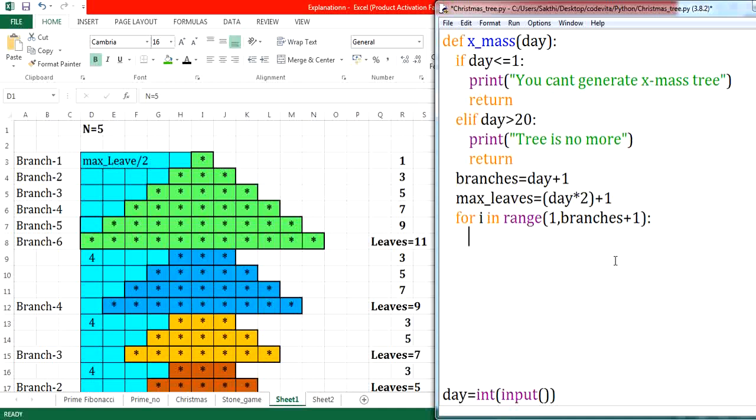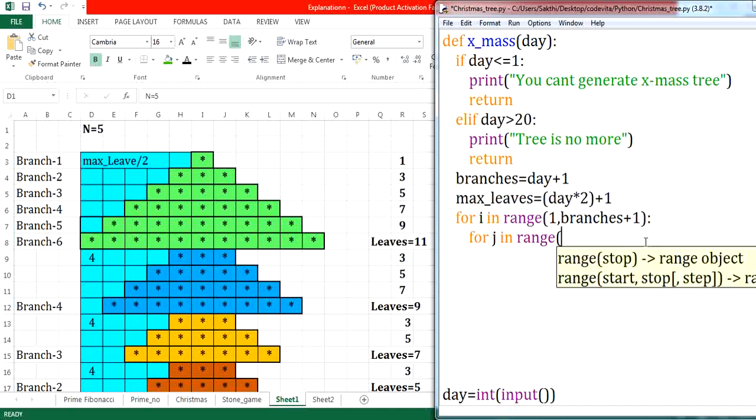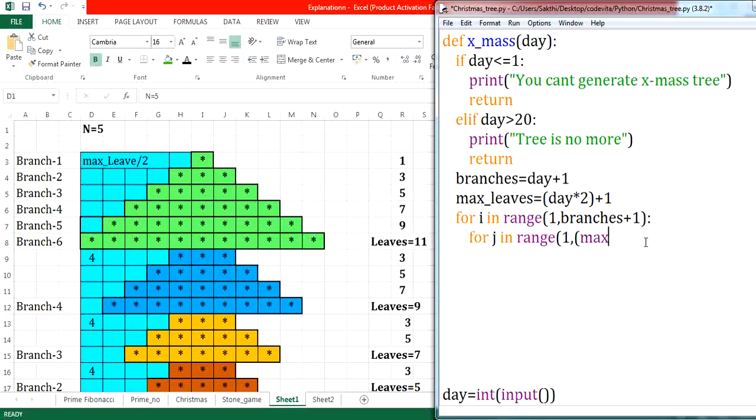So let me give the number of spaces count: for j in range, and here let me mention 1. And what is the maximum limit? I have told you that max leaves by 2, which is nothing but max leaf divided by 2 gives you the exact count, plus 1.